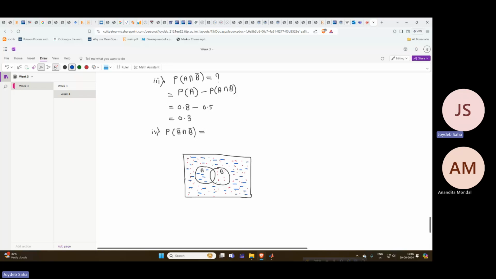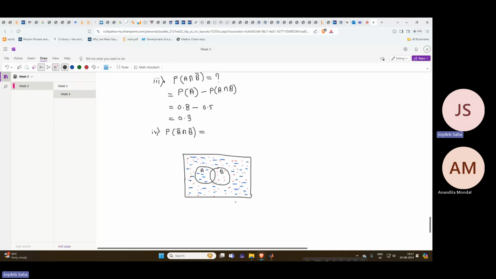Now think about which area indicates A complement intersection B complement. It means the common area of the dashed red and the dashed blue, right? So it is this area.